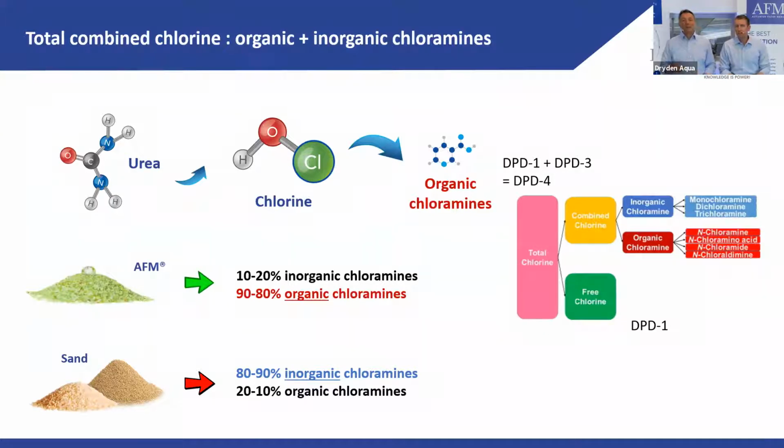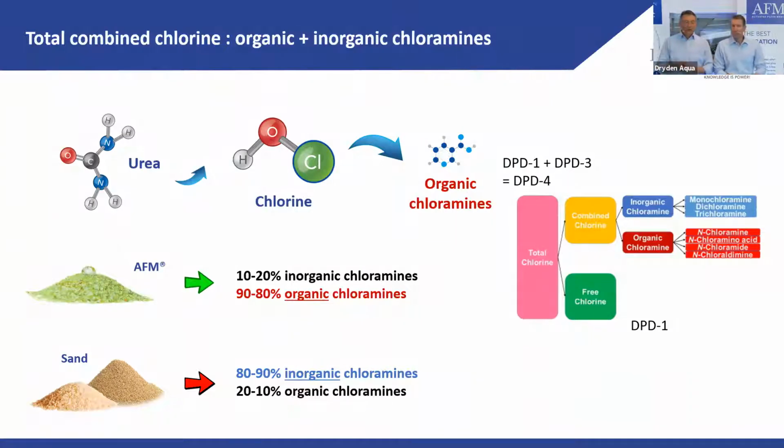So 80 to 90% of your total combined chlorine reading will be organic chloramines, and about 10 to 20% will be inorganic. Again, these are much less toxic. In a sand filter, it's just the opposite. 80 to 90%, because you convert all the urea into ammonia, you end up with inorganic chloramines, and only 10 to 20% are organic chloramines.